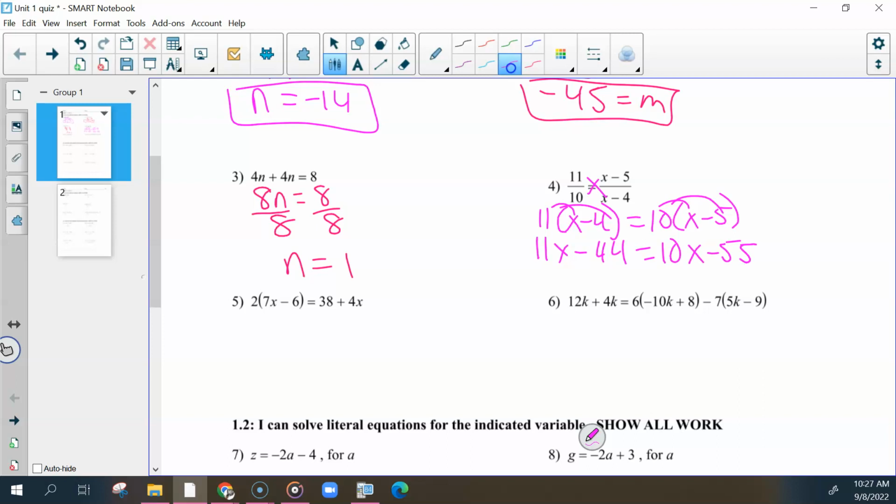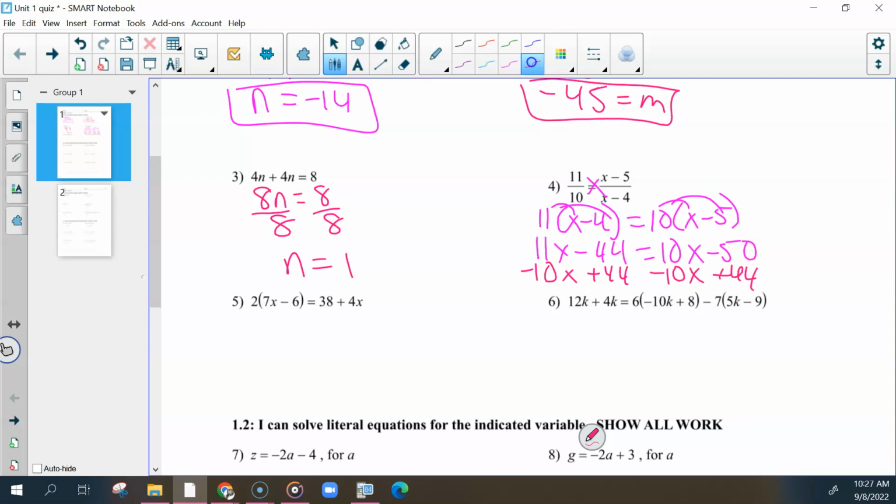Some of you may have looked at it wrong and got 50, not 55. You looked at 11 instead of 10 and got 55, or looked at 10 instead of 11 to get 40. So just be careful. And then you have choices. A lot of you did the same thing, moved 10x over, and added 44 to the other side.